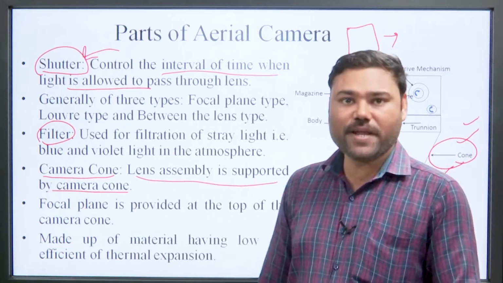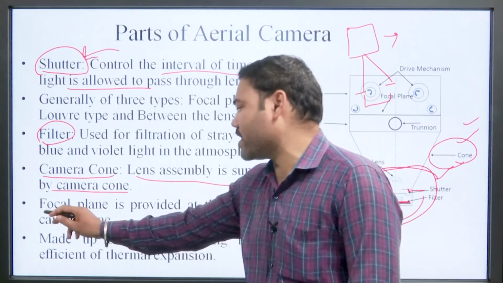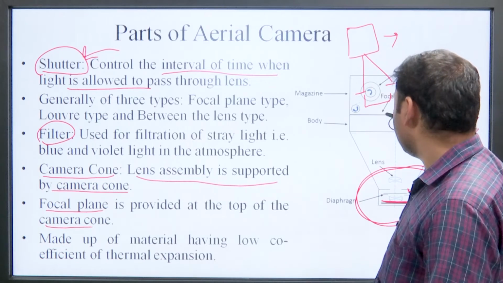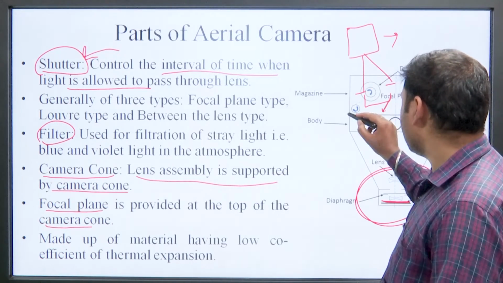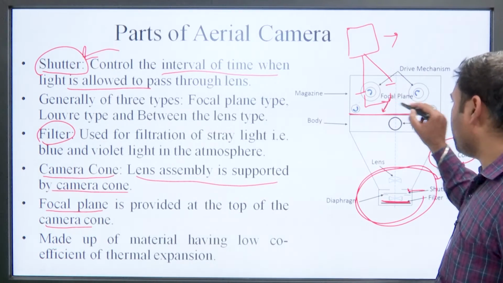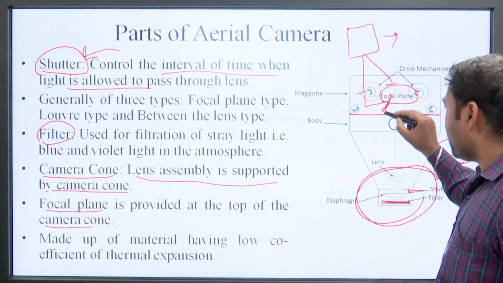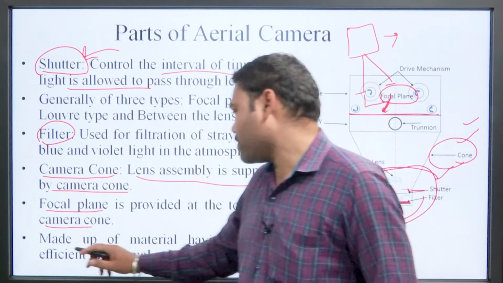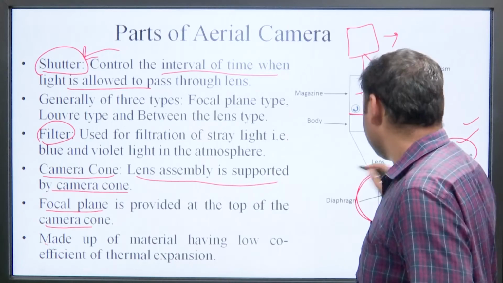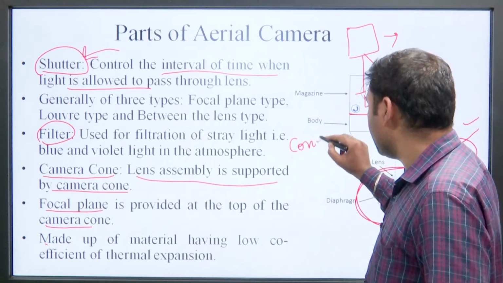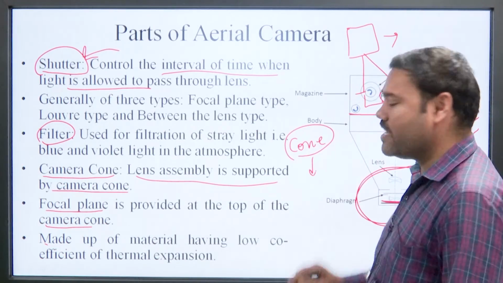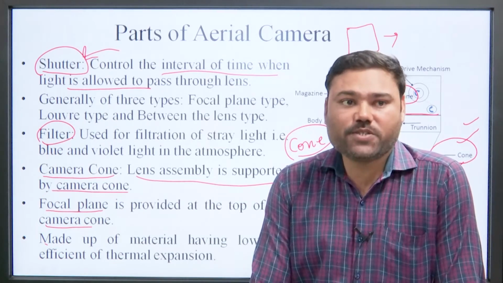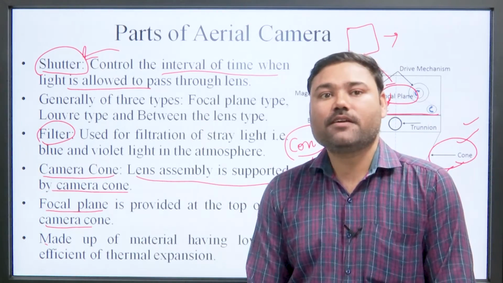The focal plane is always provided at the top of the camera cone, and the cone body must be of a material having a low coefficient of thermal expansion for proper functioning.